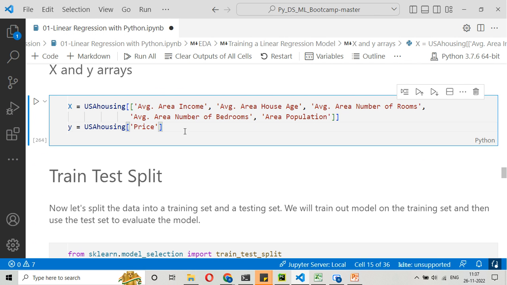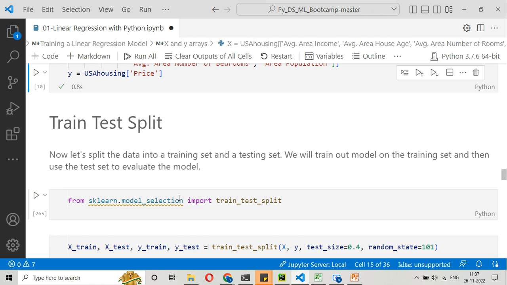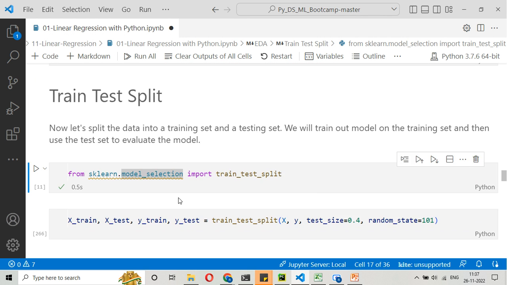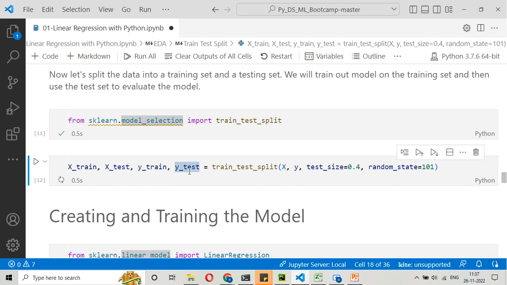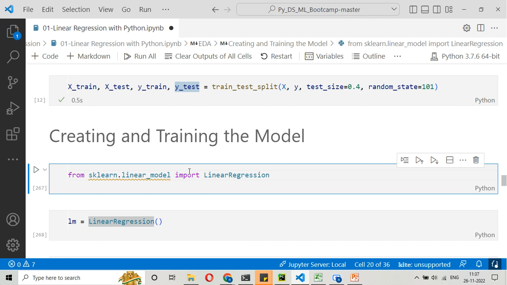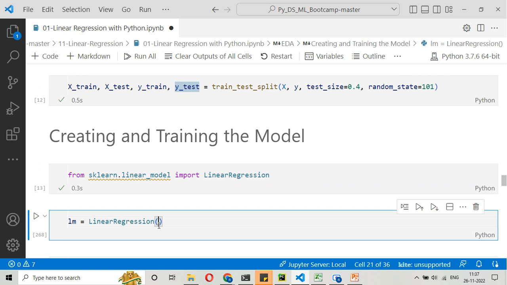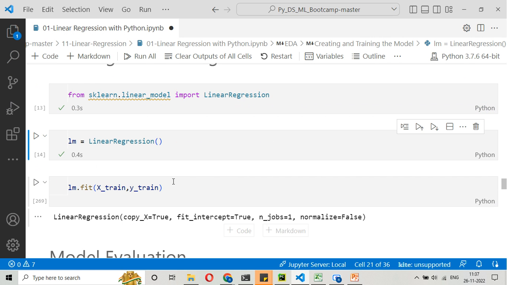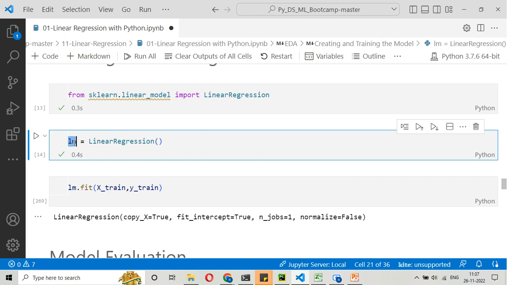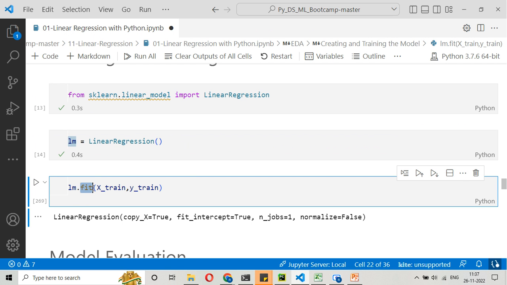Let's also do this. We just run this. These libraries also have examples, you can go through them. And see, LM, we say linear model, linear regression. We call this library's class, and we call the fit method on X train and Y train.